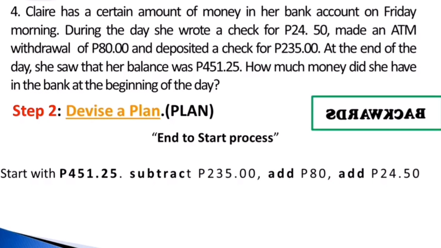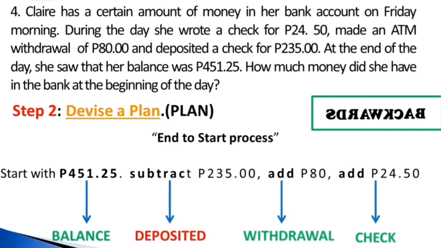Then lastly, when you wrote a check, you are supposed to get some money from your bank, so here you simply add it. These are the processes for you to solve the amount of money she had at the beginning of the day, that Friday morning. So this is the balance deposited, this is withdrawal, and this is check.